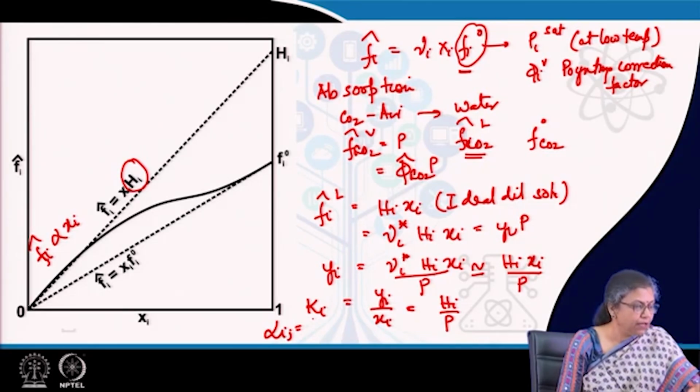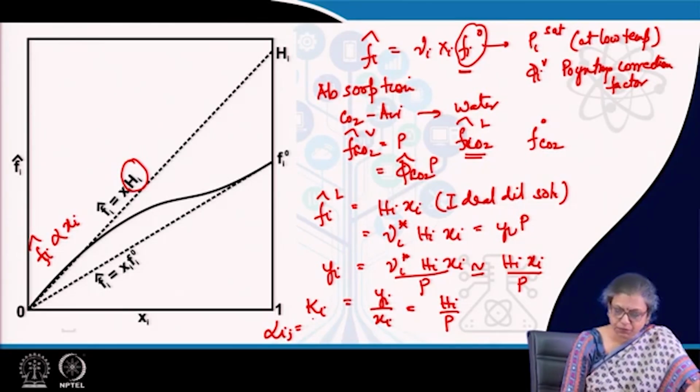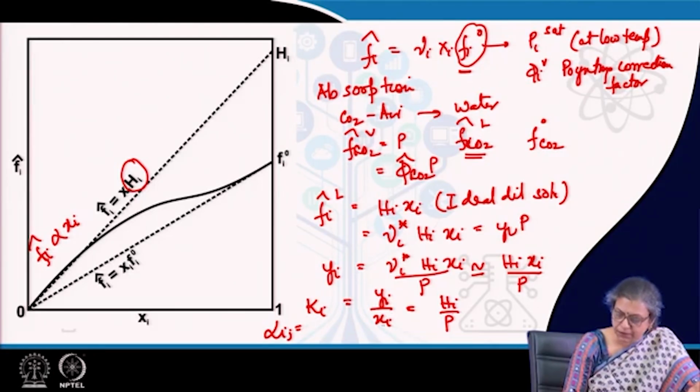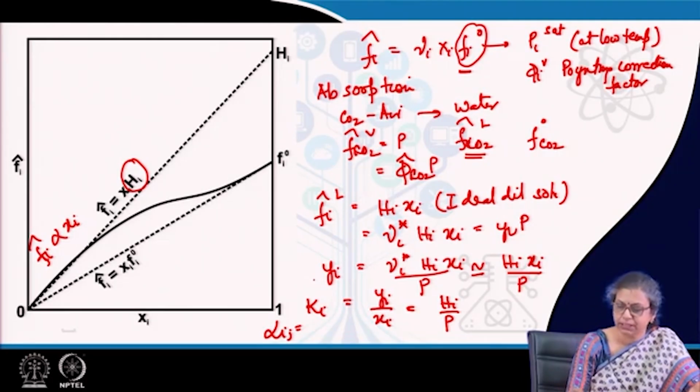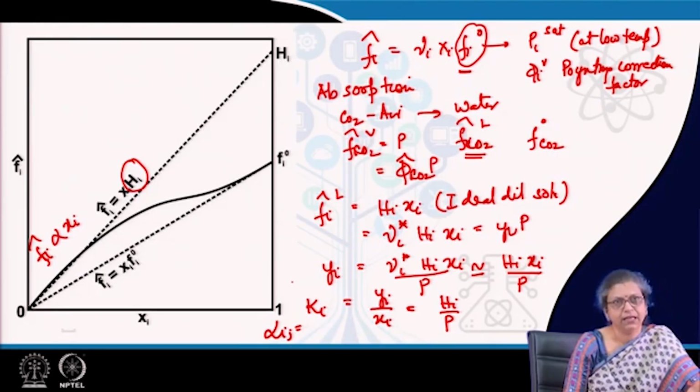Well, accordingly, for different Xi's we can find out Yi and we can start generating the data. But as I have told you, conventionally we express the data in terms of partial pressure and Xi.